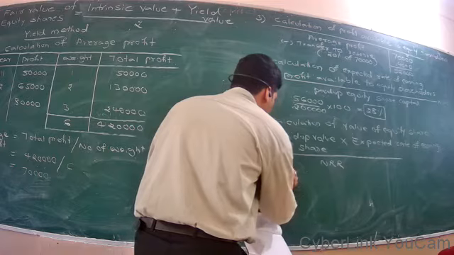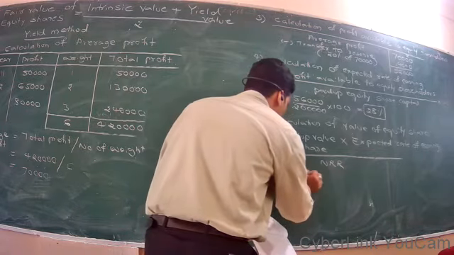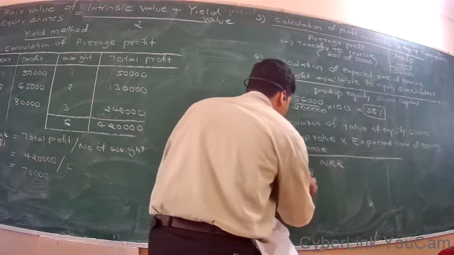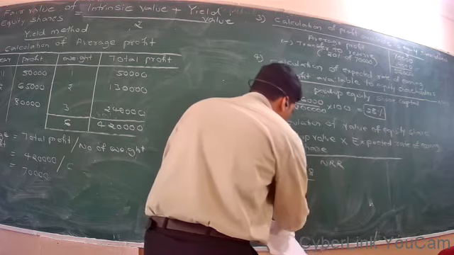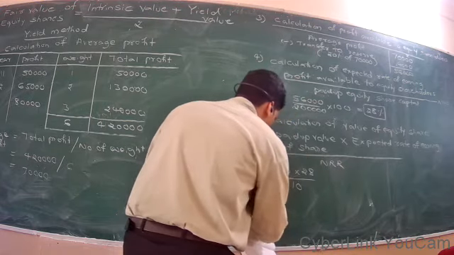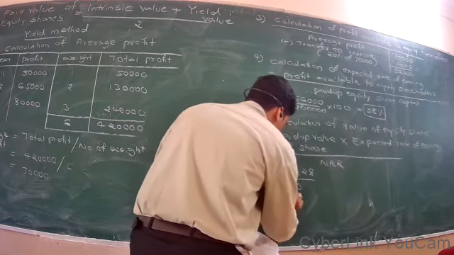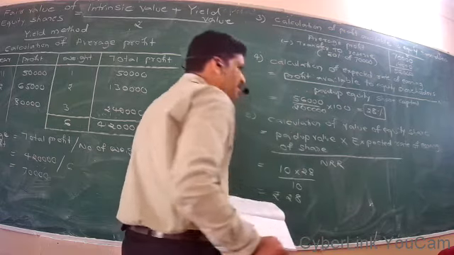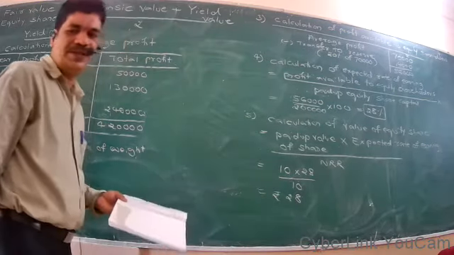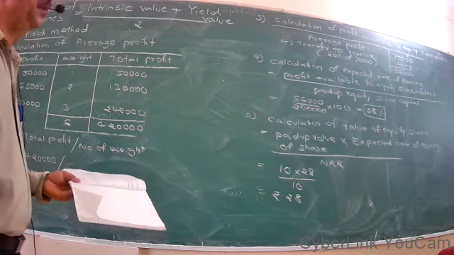So the paid up value is 10, into the expected rate of earning 28, divided by the normal rate of return, which is given as 10. So rupees 28 is the value of the equity share under the yield method.